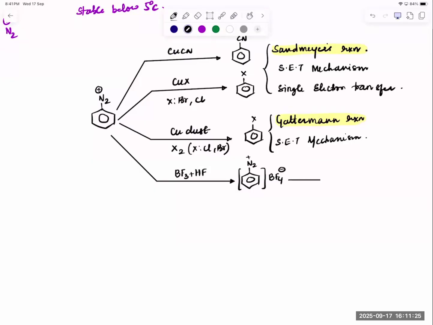Only when you heat it, the fluoride F minus can come out of BF4 and attack here, removing the N2 gas and BF3 vapors. And that's how you can get fluorobenzene.